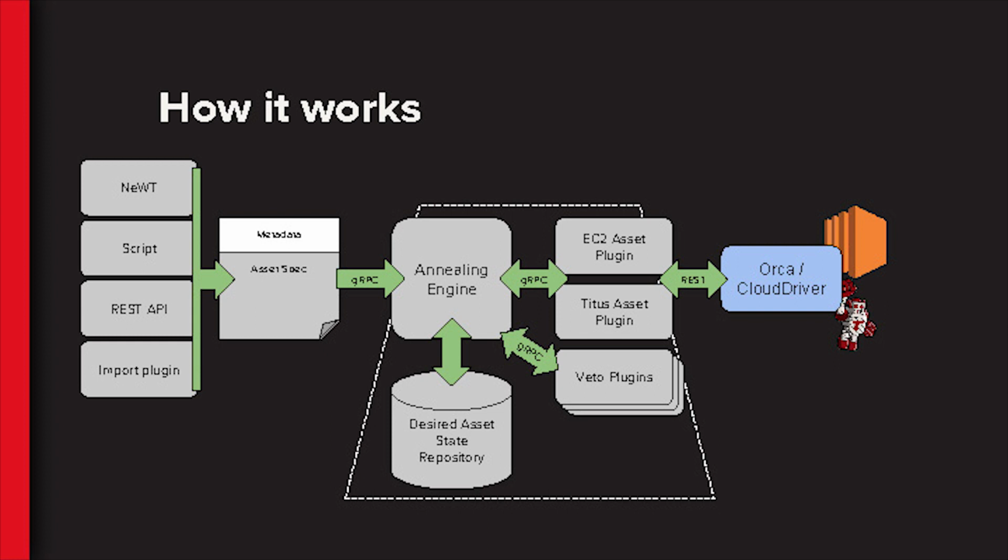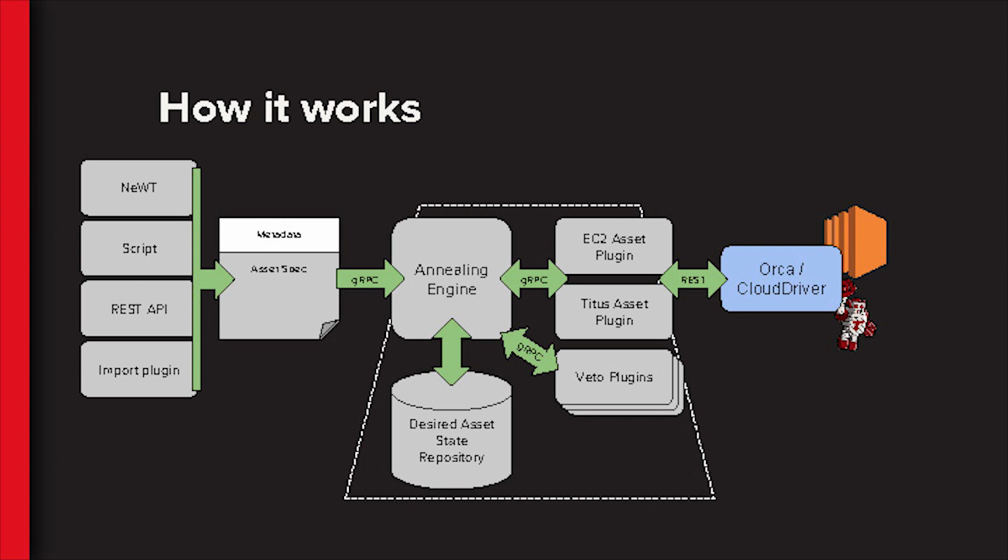Then, where can that asset come from? It could come directly. I don't really think asking people to write protobuf directly is ideal. So we want it to be pluggable at the front end. So we're going to put a REST API in front of it. We imagine a lot of people will be scripting against this API. Hopefully, I think Newt integration is a really strong possibility.